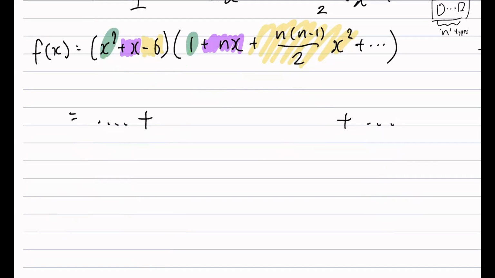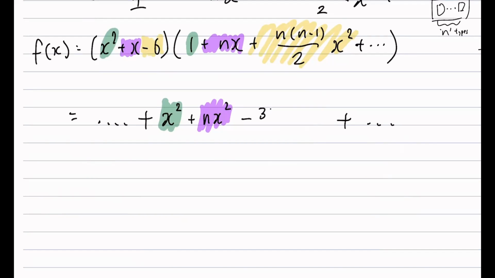So x squared times 1, 1x squared. Color code in green. Then purple, x times nx, what do you get? x times nx, nx squared, purple. Next one, yellow, negative 6 times this. 6 and 2 cancel off, you're left with negative 3.